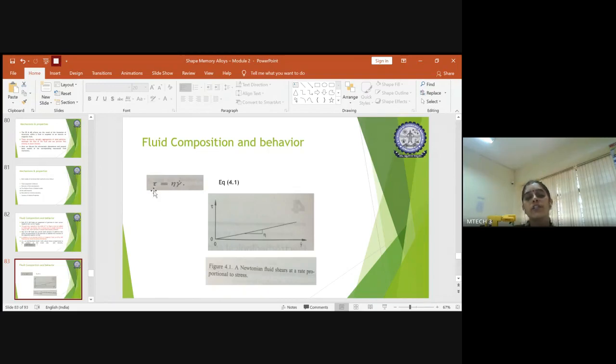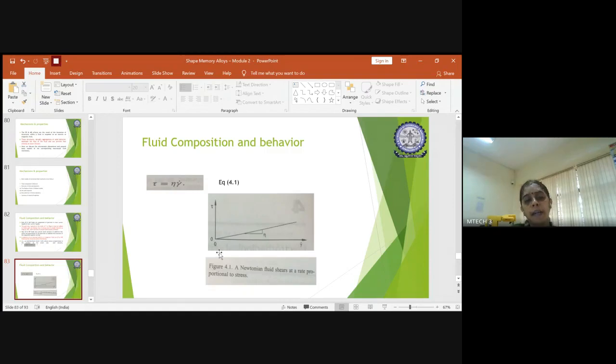By varying the shear stress, you will get varied strain, and depending upon the shear stress and shear strain, the viscosity of that particular fluid will vary, subjected to the external electric field or magnetic field, based on whether it is an ER fluid or an MR fluid.